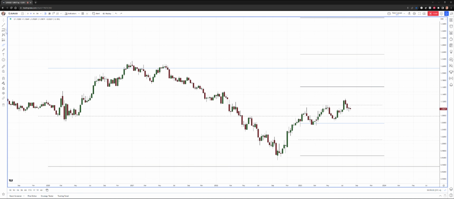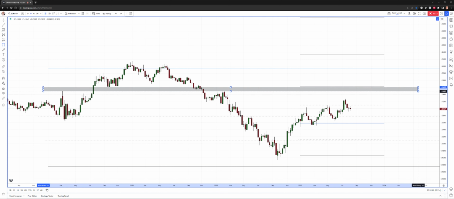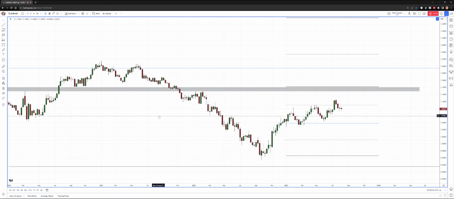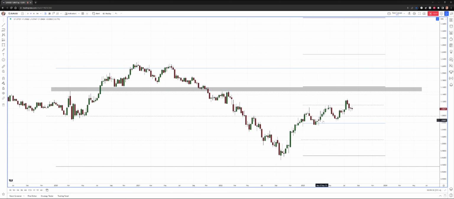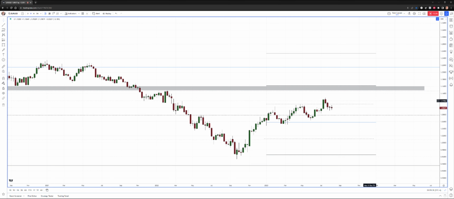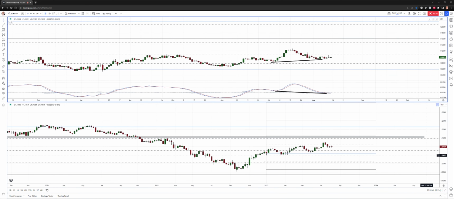Let's take this level in between and match it up to this zone. This area right here would be my target, which is give or take 400, 500 pips away. That's what I would be looking for if the market continues to trend and makes another swing to the upside. All right, so that's it for my analysis.